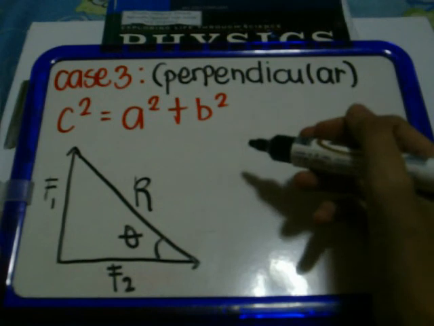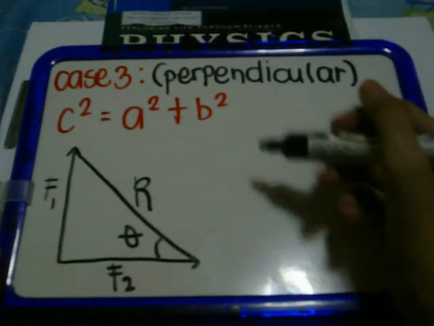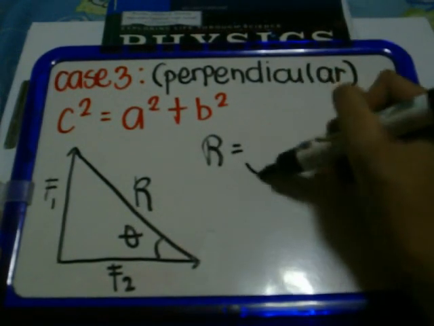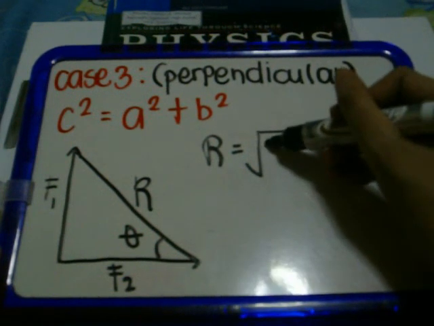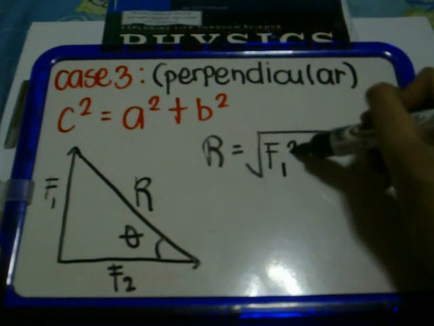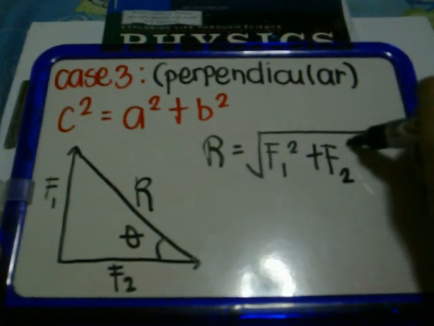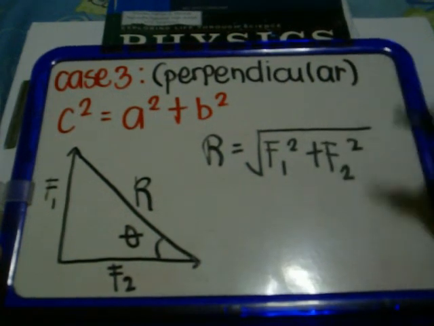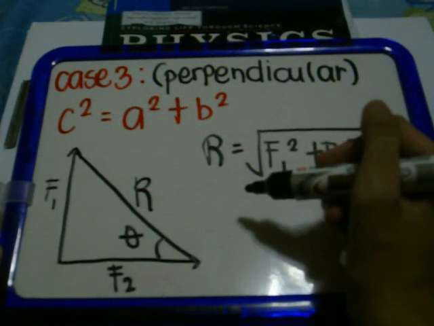Thus, we can say that from this figure, the resultant is equal to the square root of force 1 squared plus force 2 squared. So from the Pythagorean theorem, we can determine the magnitude of the resultant.